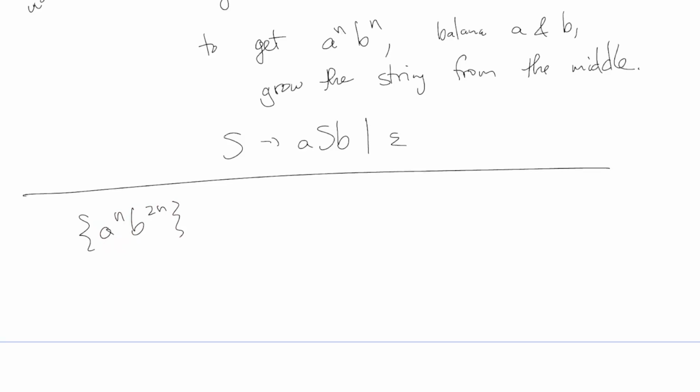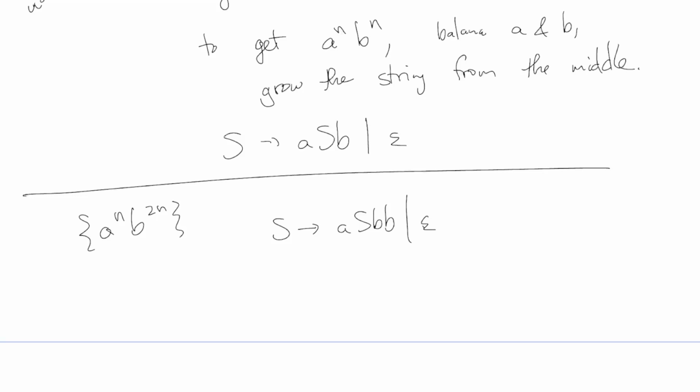Yeah? Every A, there's 2 B's. Yeah, for every A, there's 2 B's. And in order to make this work, again, I want to have the string growing from the middle. And I make the A on the left, and 2 B's on the right. So the grammar here should look like S goes to A, S, B, B, or epsilon. The or epsilon is just to finish at the end.